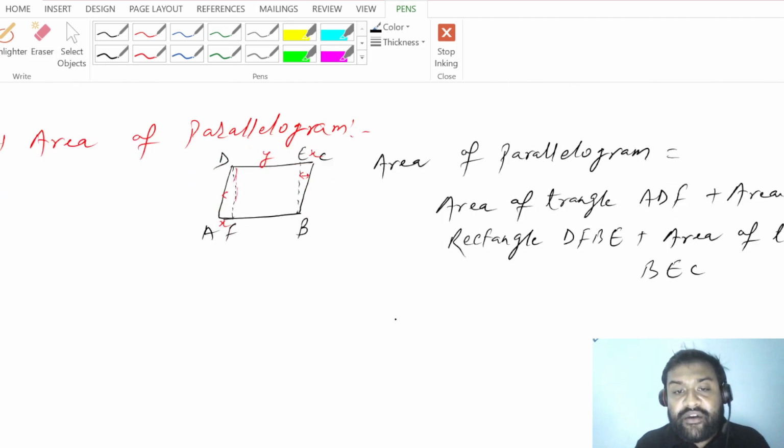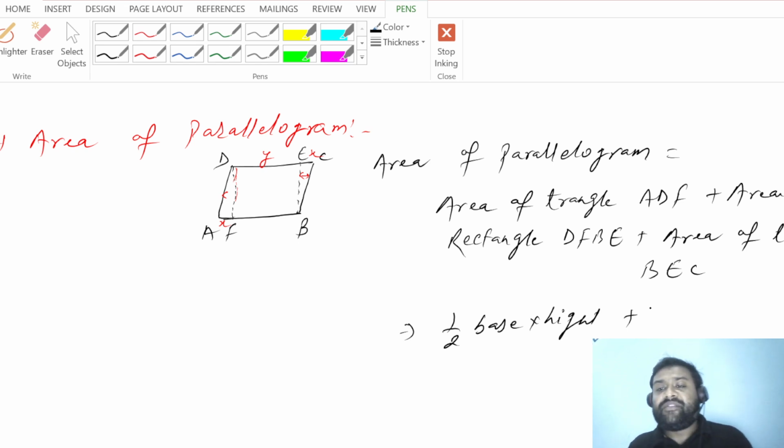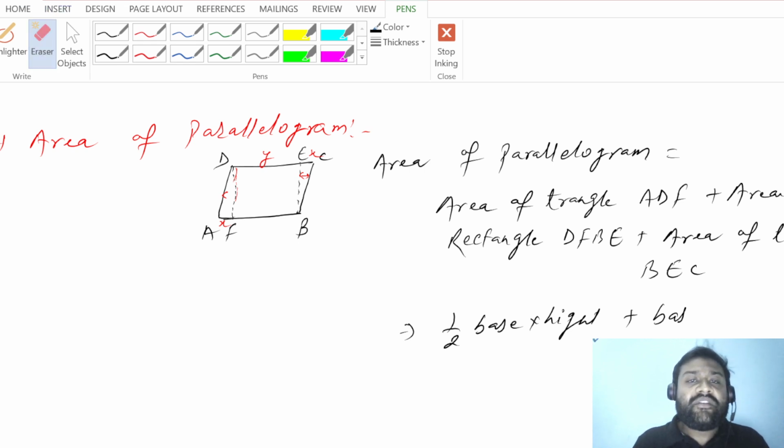Now, area of a triangle is half base into height, and area of a rectangle we have seen previously. We can say it in terms of length into breadth.